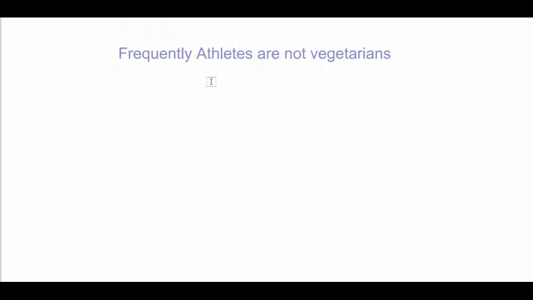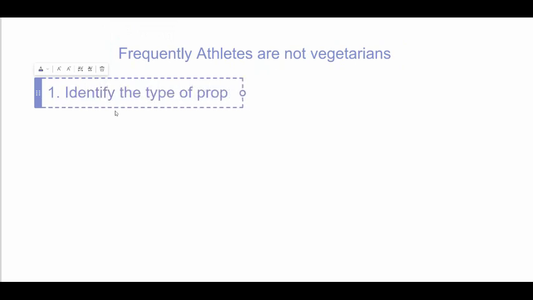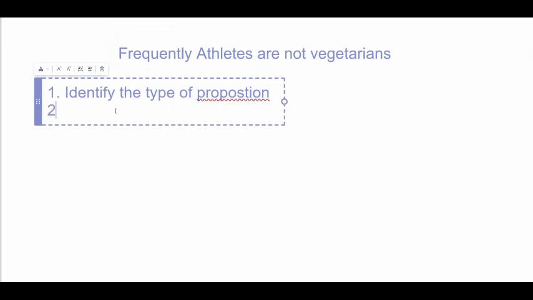Alright, so this is the sentence that they have given. They have told us to do three things. Identify the type of proposition. Then they have told us to convert it to its logical form, which I'll explain again.